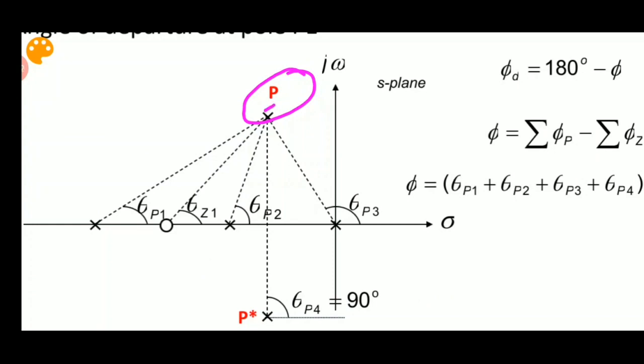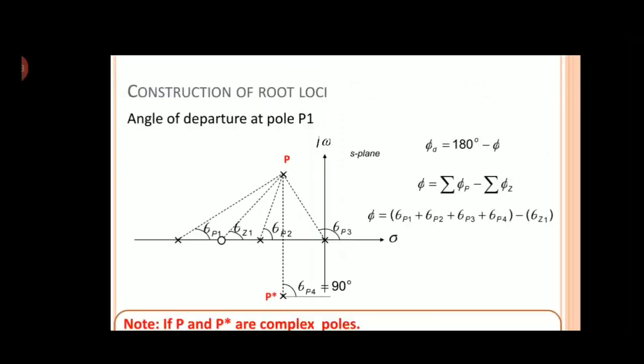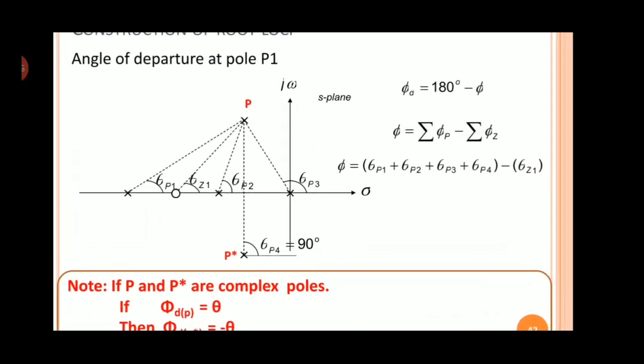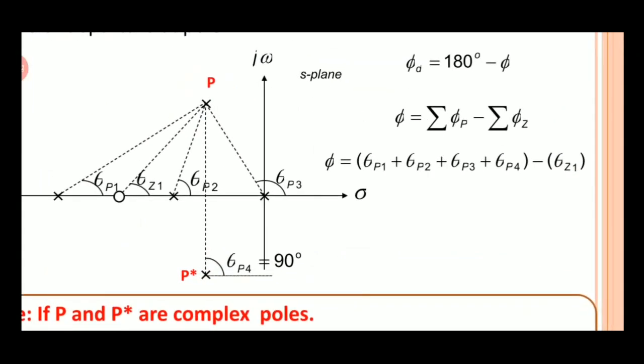The way to find it is to connect all the other poles and zeros to the required pole, then calculate the angles theta P1, theta P2, theta P3. Those with suffix P are the angle contributions by the other poles, and theta Z is the angle contribution by the other zeros. Now substitute in this equation.